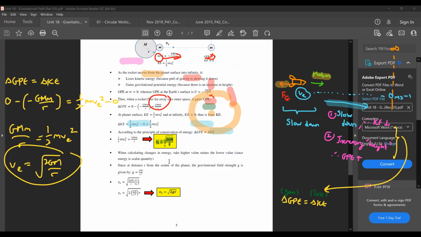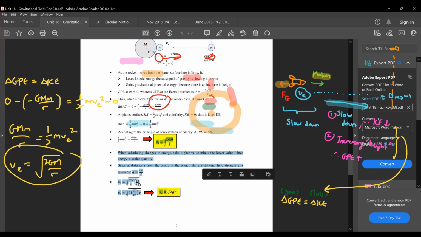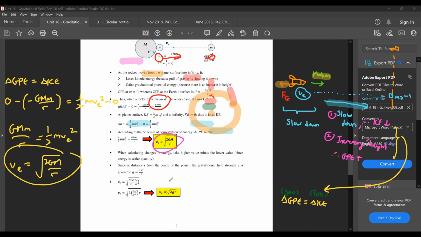Now, the rest of the notes just tell you that your equation VE, the square root of 2GM over R, can be changed to another expression, the square root of 2gR. For this, you make use of the equation g equals GM over R squared.